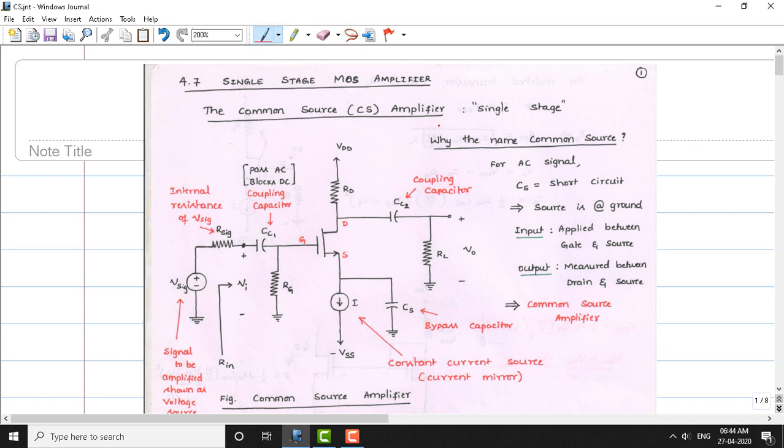Now, in the common source amplifier, basically a single stage, as we can see, this is a discrete version of the common source amplifier.